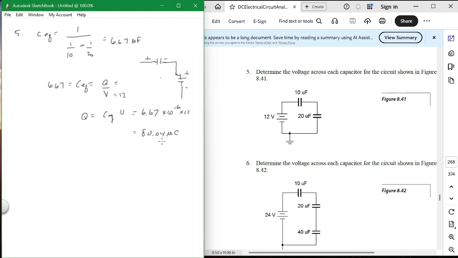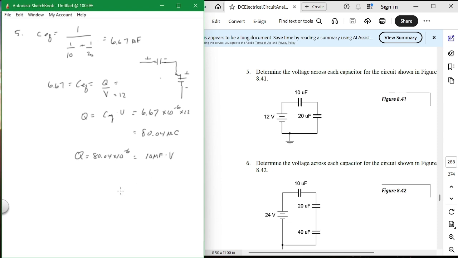So now basically you go back and you ask yourself, what is the voltage on each of these capacitors? So you now say, okay, so that charge Q of 80.04 times 10 to the minus 6 is equal to C, which now is 10 microfarads, times the voltage across it.